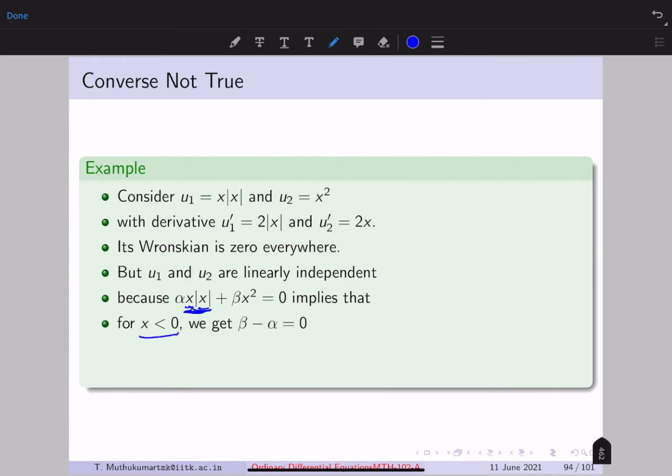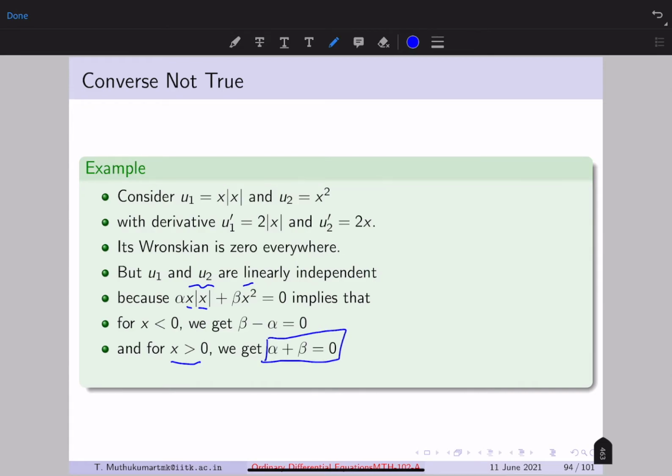So what you get from here is that beta minus alpha is 0 when x is negative. Now when x is positive, this is positive, this is positive, so you have x square, so you get alpha plus beta equal to 0.